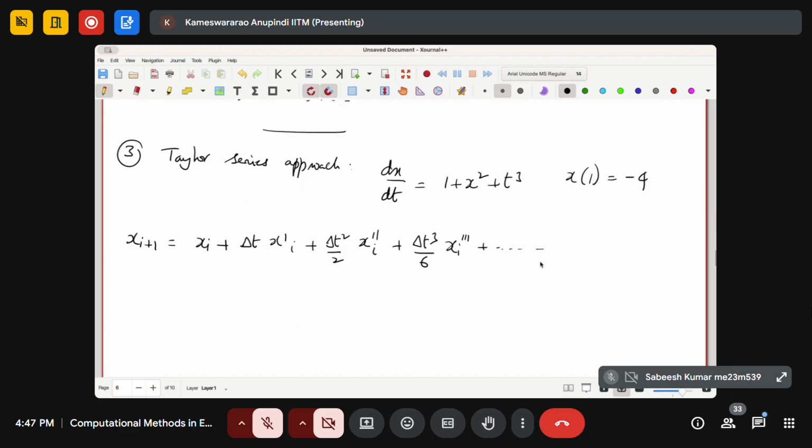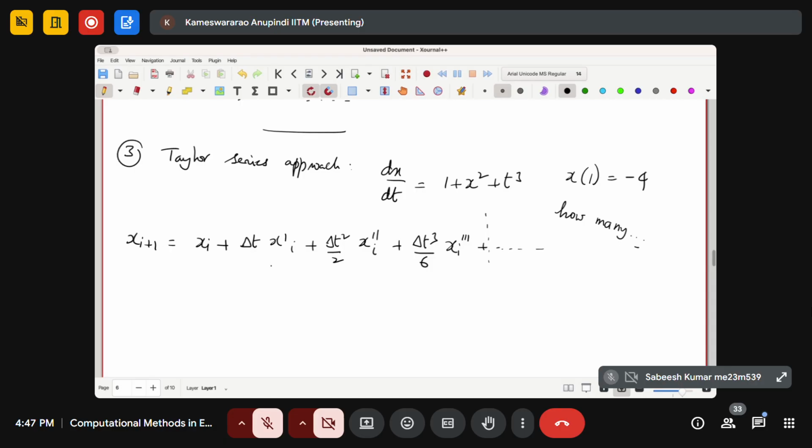So that is the method. Depending on how many terms we wish to include, we can keep going. If we say include up to 4 terms, we can calculate up to here. Or if it says include up to 5 terms in the Taylor series expansion, we can use the 5th term and so on.